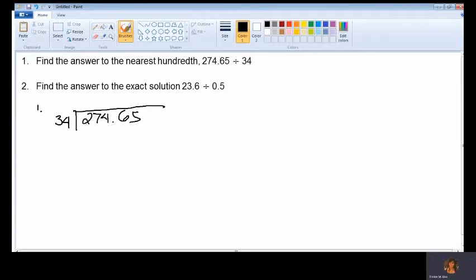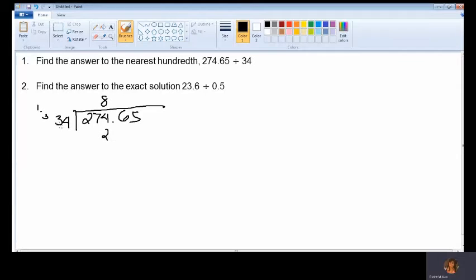So, 34. So, is 27 divisible by 34? It's not, okay? So, 274 divided by 34, that will give us an answer of 8. And then basically do our multiplication, that is 8 times 4, that is 32. 3, we have 3.